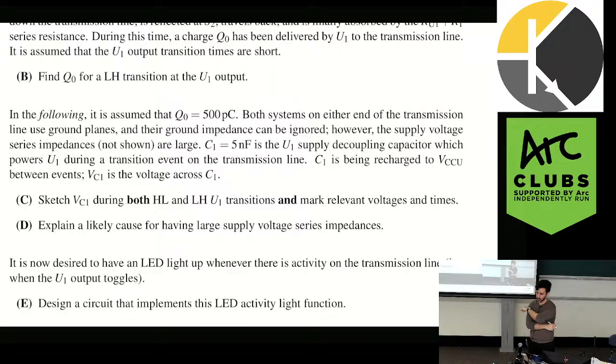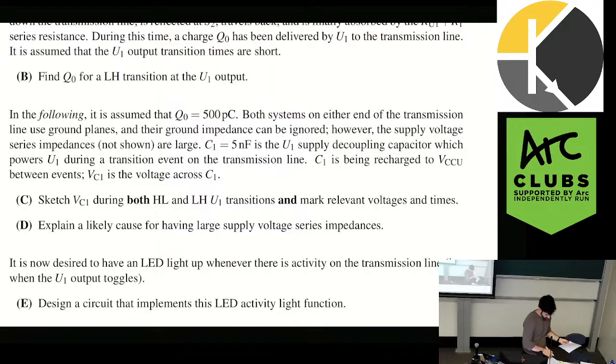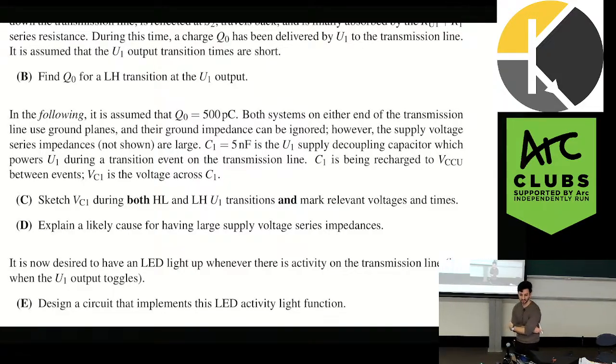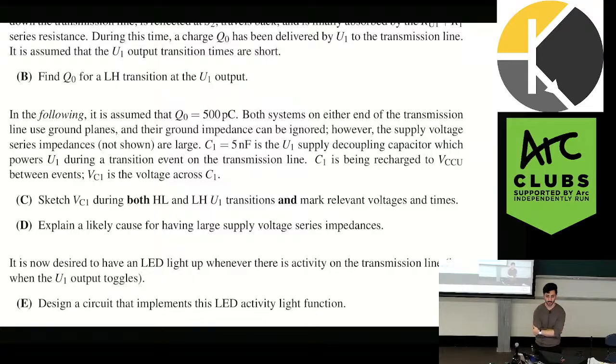So usually you have PCB tracks. If you make the PCB track too long, you get these large impedances along the wire. Did I note anything else down? I think that's pretty much it. Yeah. So it's a nice break after part C. Was there any questions? Cool.